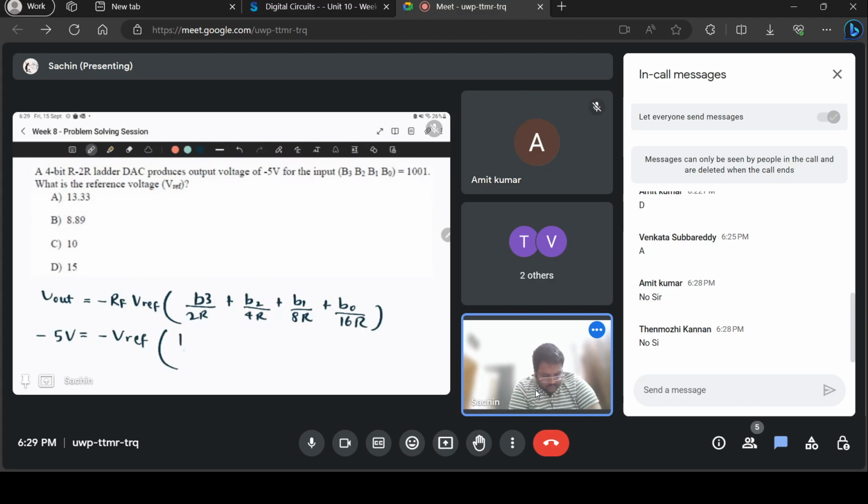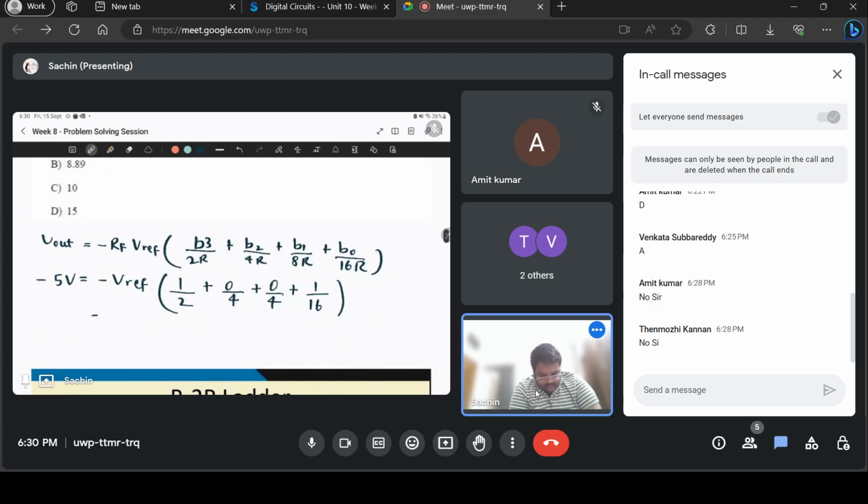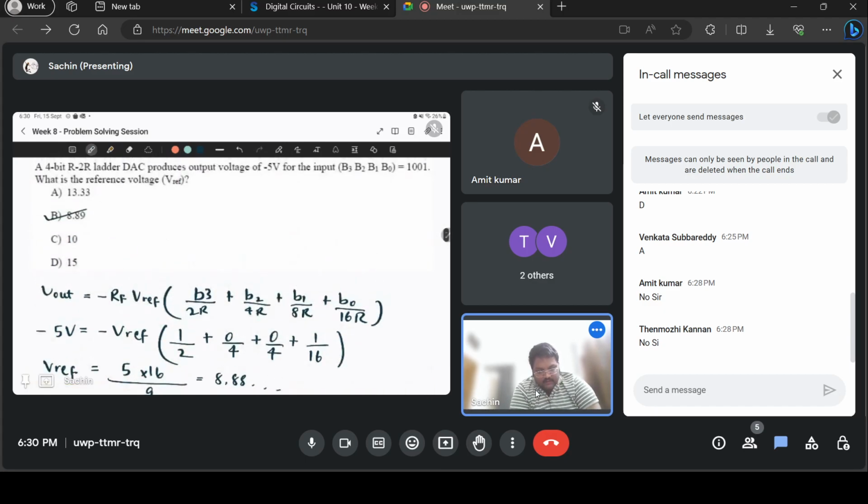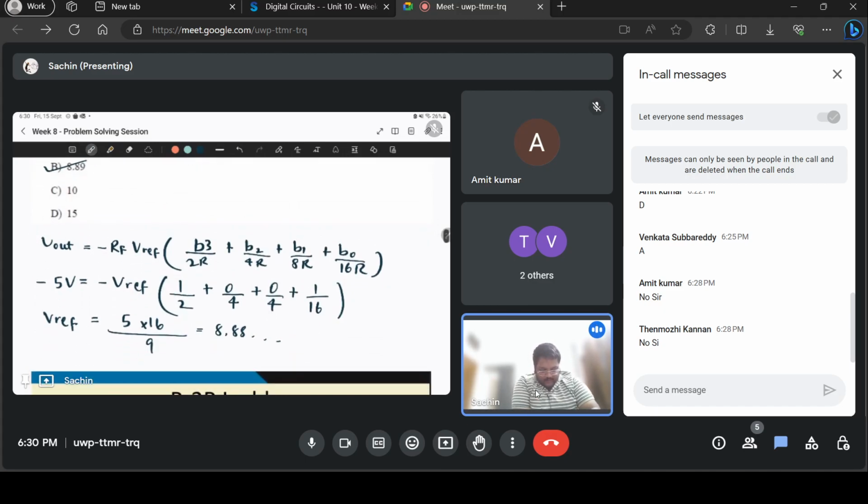B3 is 1, over 2, plus B2 is 0, B1 is 0, B0 is 1 over 16. So Vref equals 5 into 16 by 9, which is 8.888. So your reference voltage is actually 8.89 volts.